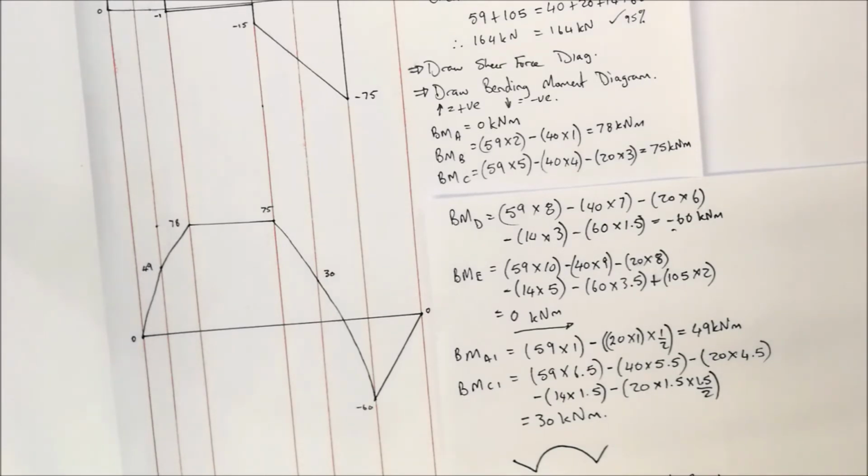Make sure that the forces are always going perpendicular downwards or upwards. If you do get forces at an angle, you might have to calculate them to correlate to the upwards and downward forces. But other than that, the same principles are going to apply for all the shear force diagrams and all the bending moment diagrams that you will be doing.